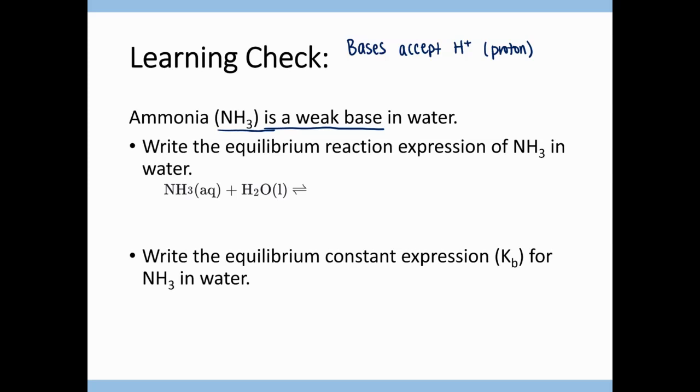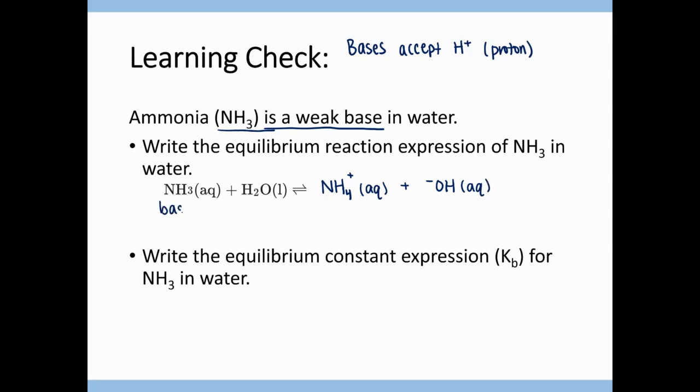So the base, the NH3, is going to accept an H+ from H2O. So it will become NH4, it has one more hydrogen and it gained a +1 charge. H2O gave away an H+, so now it is OH with a minus charge.